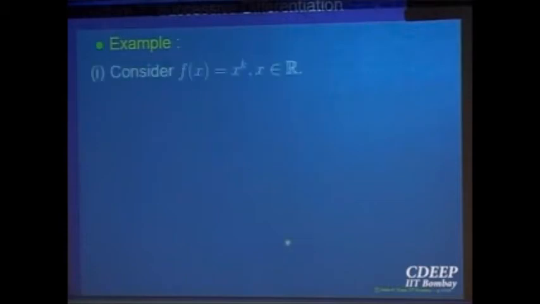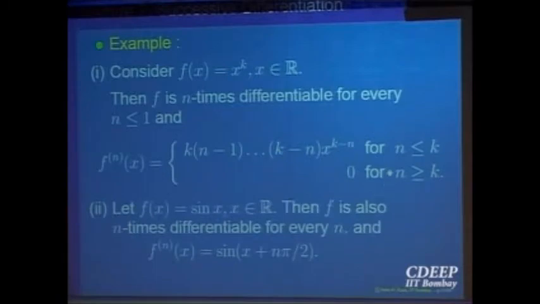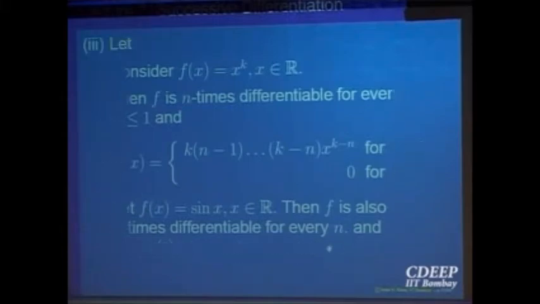A polynomial function, you all know very well, is differentiable and the nth derivative is given by the formula for n less than or equal to k, and for bigger n it will be of course 0. For sin x, a trigonometric function, the nth derivative you can write in terms of sine again. So this is a formula for writing it, if you don't want to write the derivative of sine in terms of cos: the nth derivative is sine of (x plus n pi by 2).